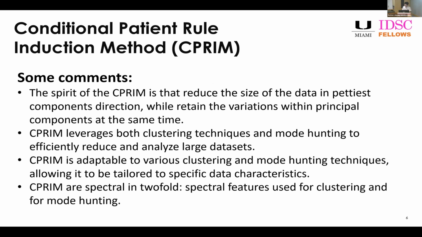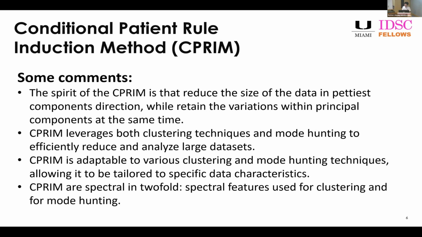So here are some comments on the algorithm. The spirit of C-PRIM is that reducing the size of the data in the PCA component direction will retain the variations within the principal component at the same time. So it is doing these two things at the same time. The second one is that C-PRIM leverages both clustering techniques and mode hunting to efficiently reduce a large data set.